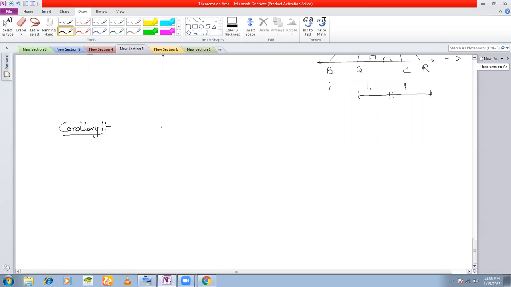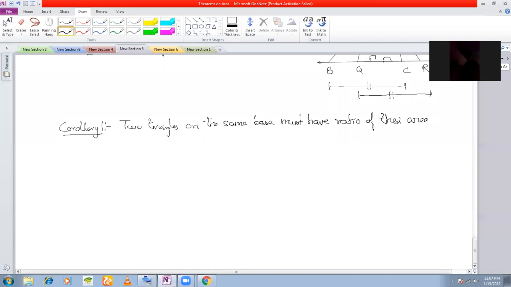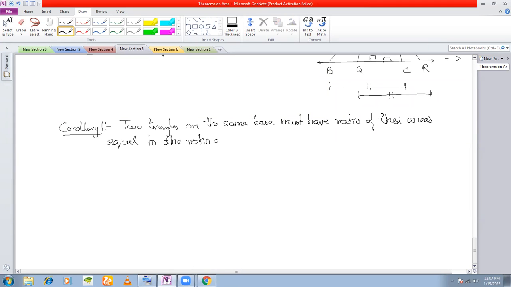A corollary to this theorem is that two triangles on the same base must have the ratio of their areas equal to the ratio of their altitudes, or ratio of their heights.